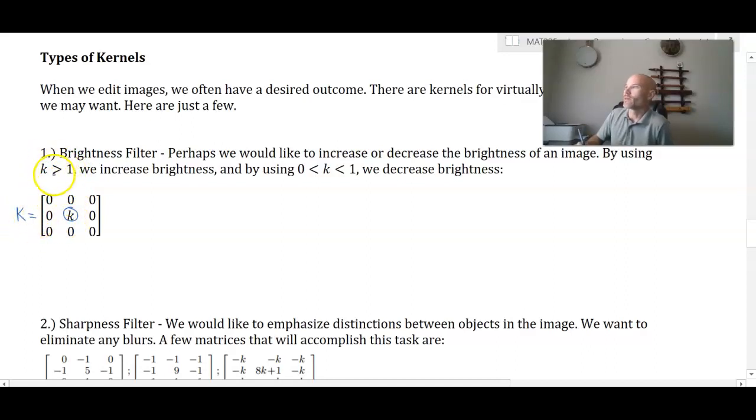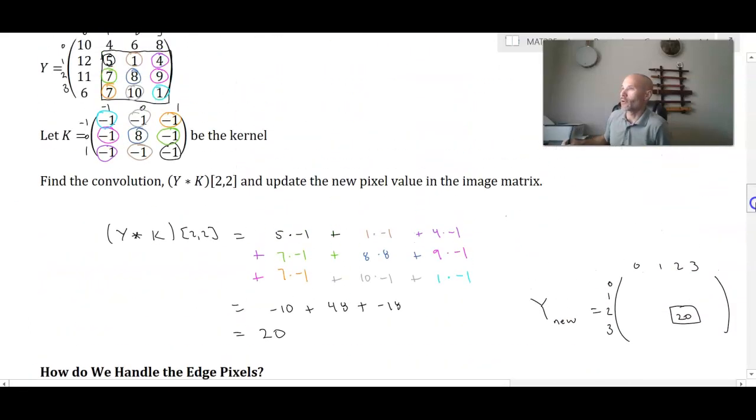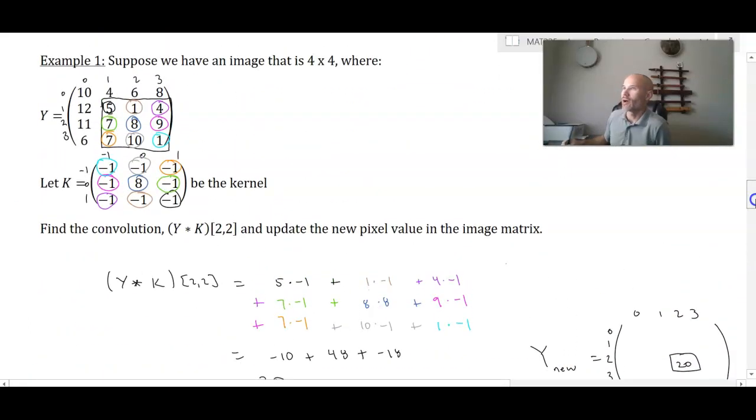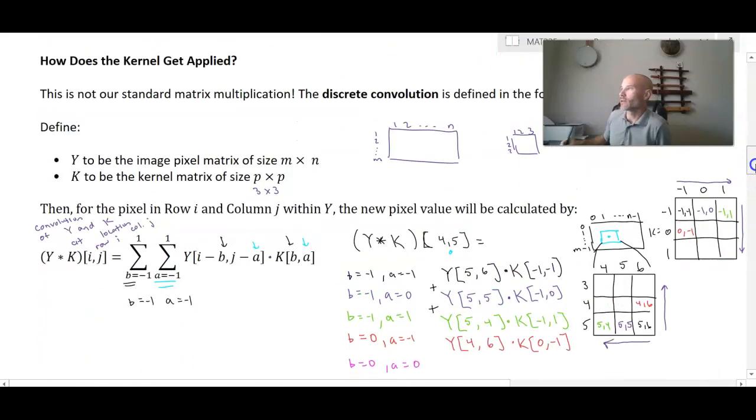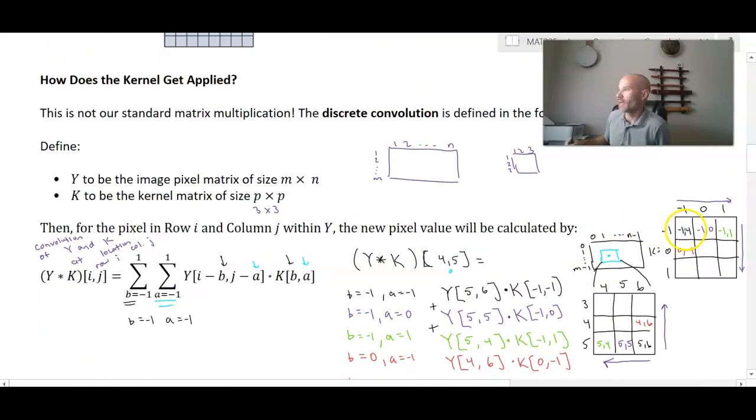Now that value of k will really matter if you think about how the kernel processes the image. We learned that it's a multiplication of the value in the Y matrix, the Y matrix multiplied by the first element here, the first row, first column, or the -1 component of the kernel matrix.